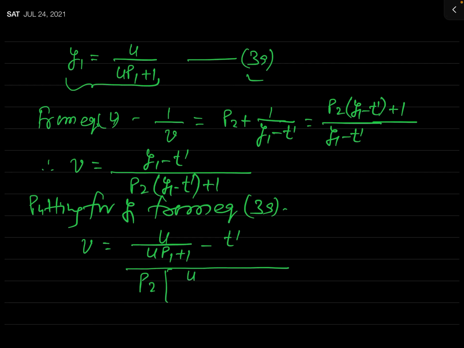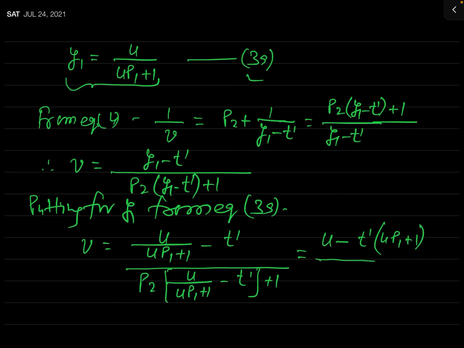But y1 is u over u p1 plus 1, so v is u over u p1 plus 1 minus t prime, over p2 times u over u p1 plus 1 minus t prime, plus 1. Now you can simplify it by taking LCM. So you can see this will be u minus t prime times u p1 plus 1.